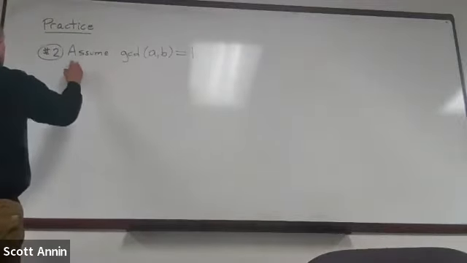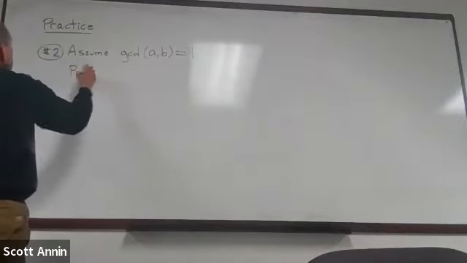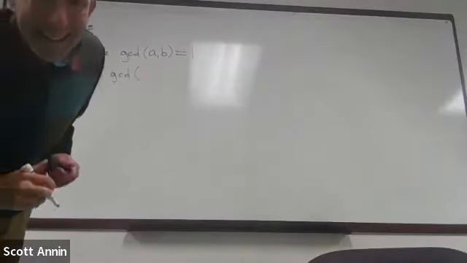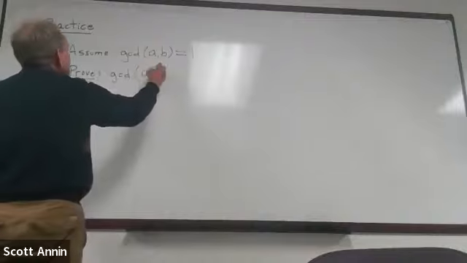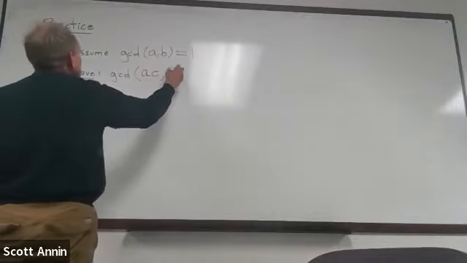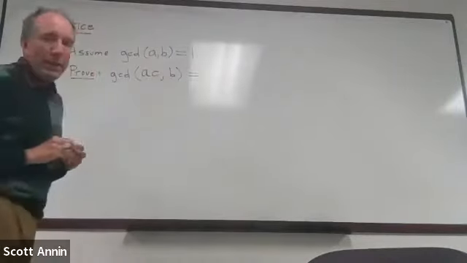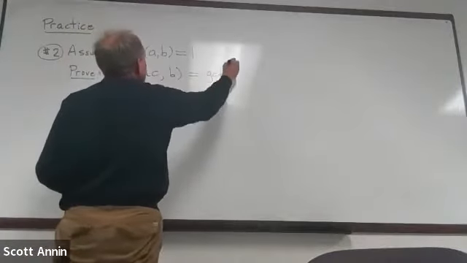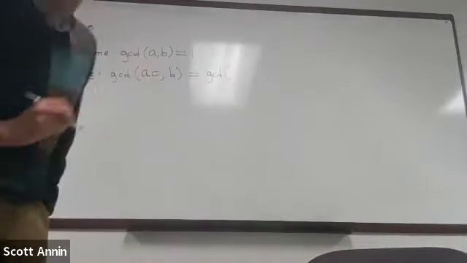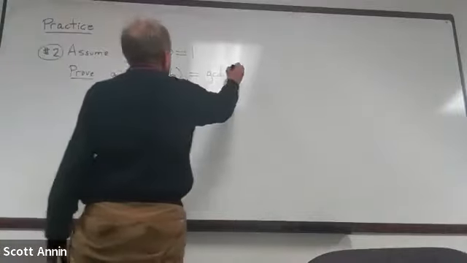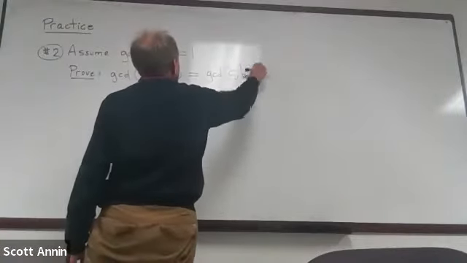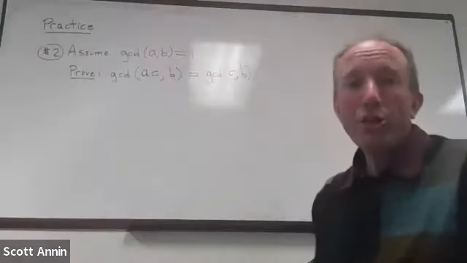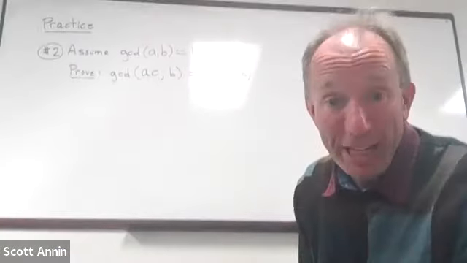And what I would like to do is prove that the greatest common divisor of A times C with B is actually equal to the greatest common divisor of C with B. In other words, this factor of A here doesn't do anything to change the greatest common divisor.